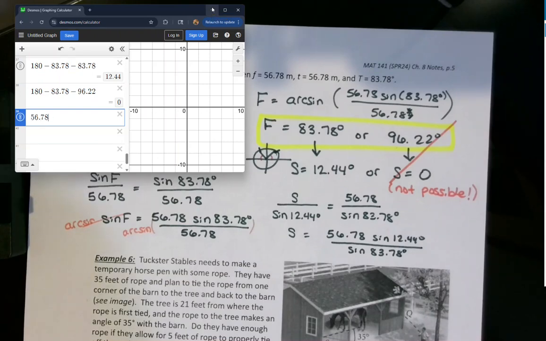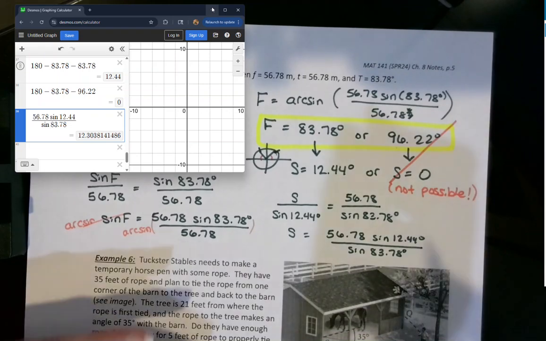56.78 times the sine of 12.44. If I take off the implicit multiplication sign, my fraction is going to look like I was hoping it would. So sine of 83.78. Again, you can put parentheses around these.